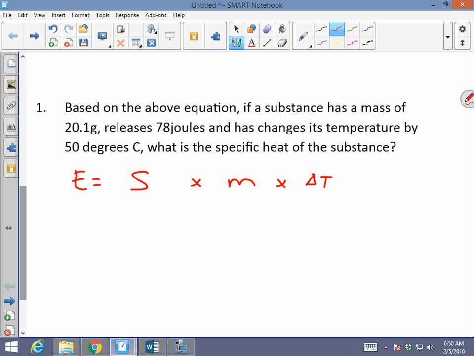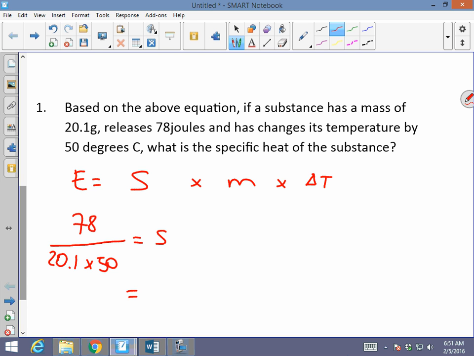I do have the energy, which is 78 joules, and I will divide that now by my mass, which is 20.1 grams, times my change in temperature, which is 50. The only thing left here is the specific heat capacity.